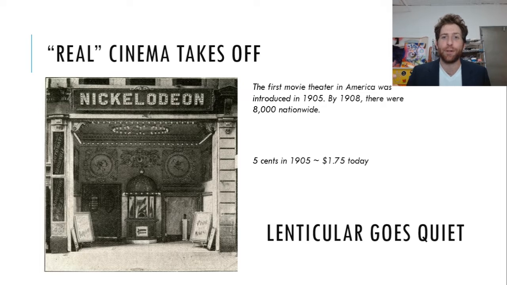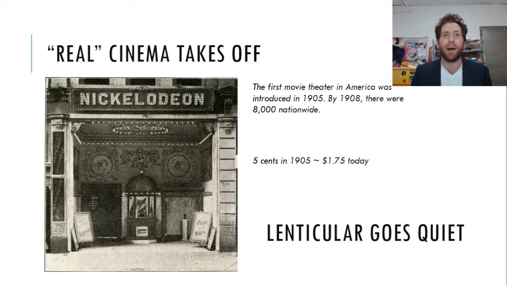The first movie theater, called the Nickelodeon, is introduced in 1905. Within a few years, there are thousands of them all across the United States. At this point, the lenticular is a niche side thing. Maybe some scientists and photographers and artists are working on these problems of depth and illusion in a printed photograph, but they just can't hold a candle to a projected movie where the characters are animated.